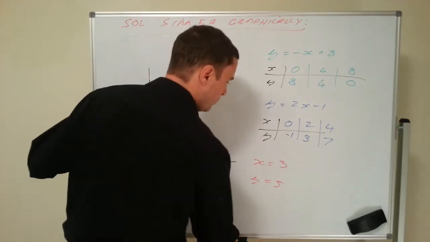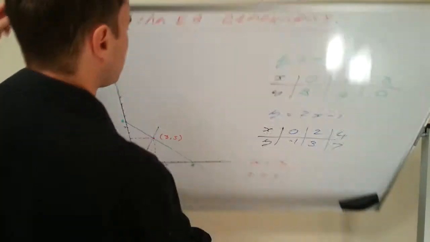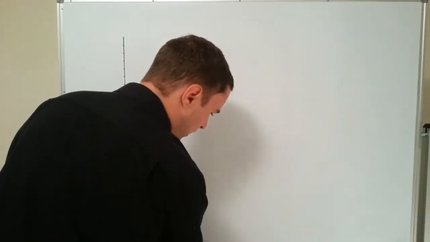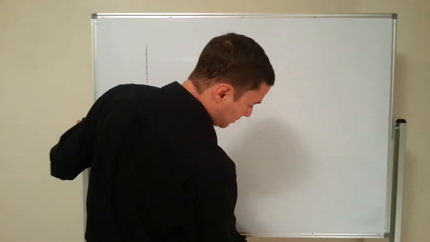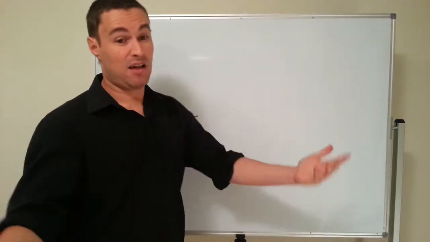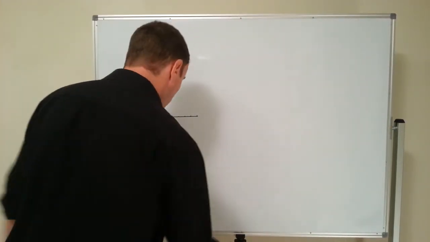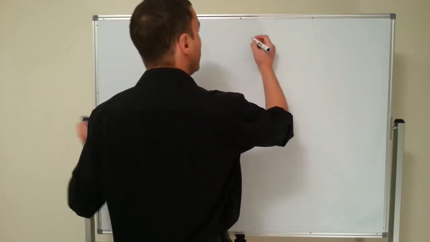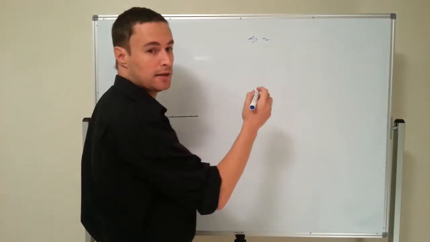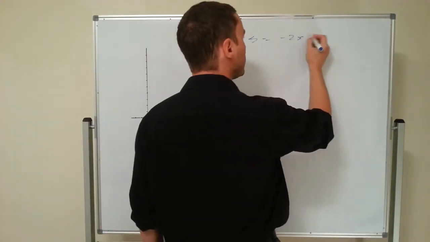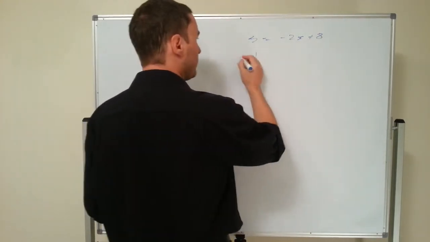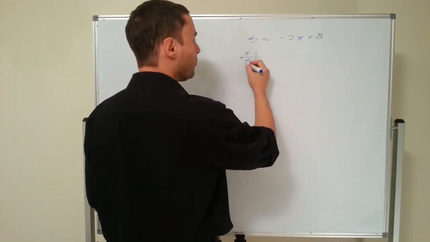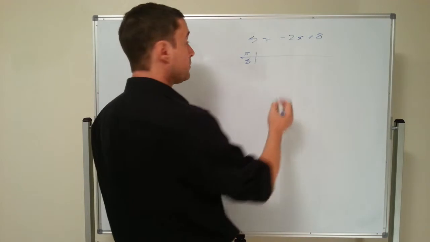Okay, let's do one more. But really, if you understood the first one, the second one is just pretty much the same. This equation is slightly harder. Okay, so let's find these two. Let's find y equals negative 2x plus 8, and I'm going to do this one for x and y, and I've chosen minus 1, 0, 3.